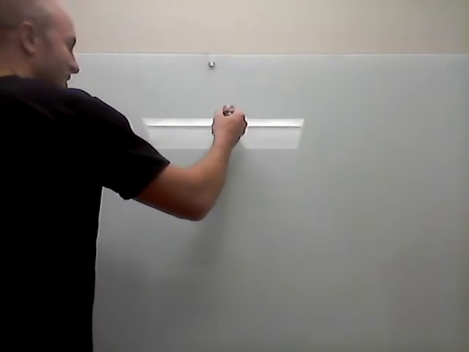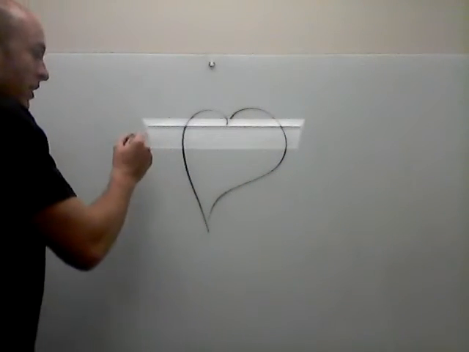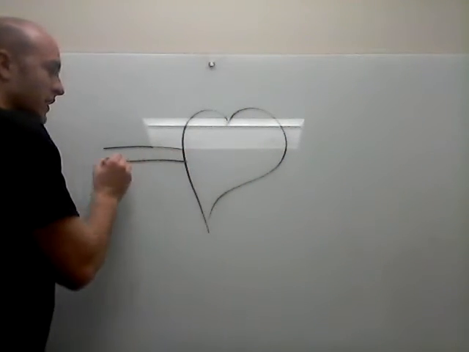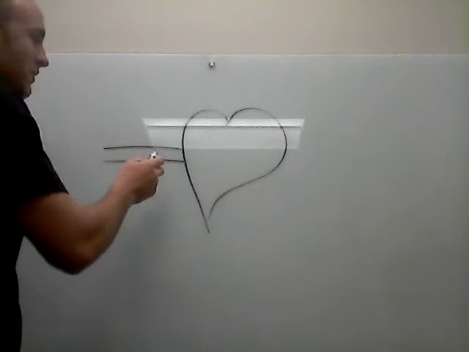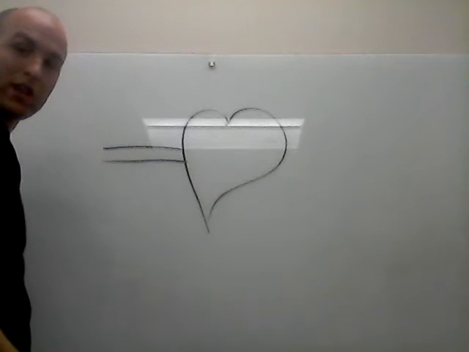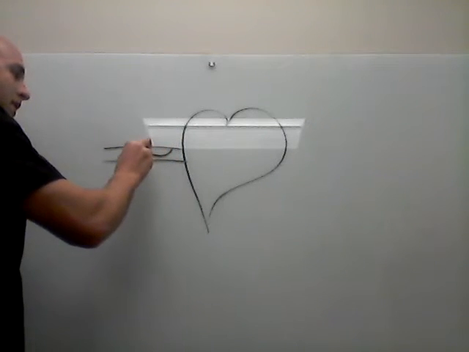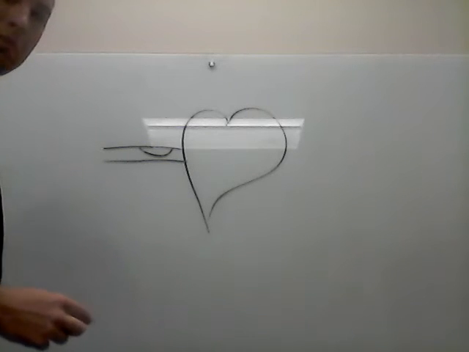So inside of our bodies is our heart, okay? And there are blood vessels going into the heart. And these blood vessels supply the heart with oxygenated blood. And sometimes these blood vessels get something called an atherosclerotic plaque.